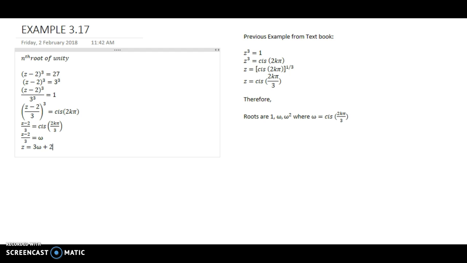plus 2. The issue with this is that it only takes into consideration one solution for where this W value was cis of 2k pi over 3, where we know from the nth root, and this being a cubic, that we should have 3 roots. So we can write in there that what we're actually looking for is W to the power of n.